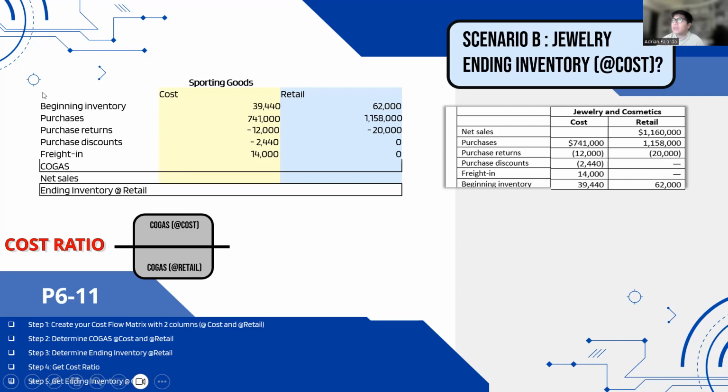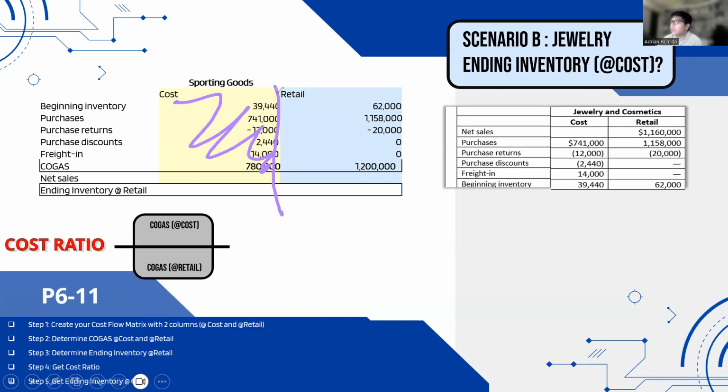Now that we have that, we get our cost of goods available for sale using at cost and at retail. So, we have 780 and 1.2 million. From there, dahil wala tayong COGS, we'll just look muna at the retail side. I-ignore muna natin si cost.